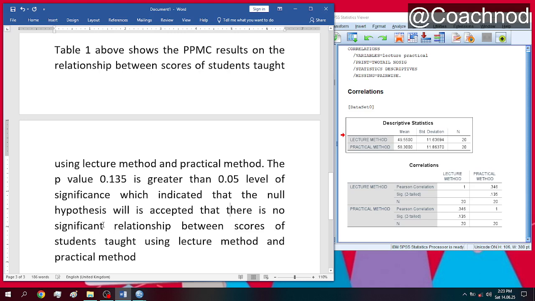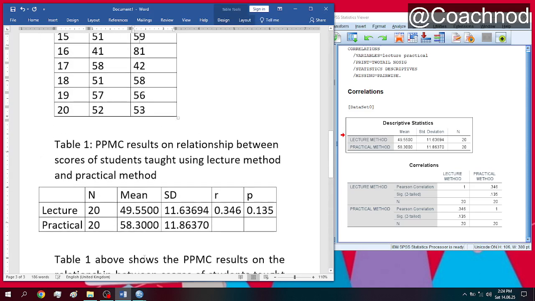That there is no significant relationship between scores of students taught using lecture method and practical method. Are we together? So that's how to interpret.